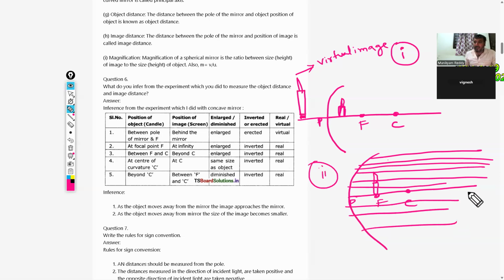Image is formed at infinity. This is the infinity image.